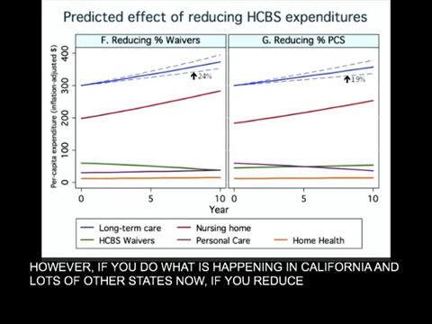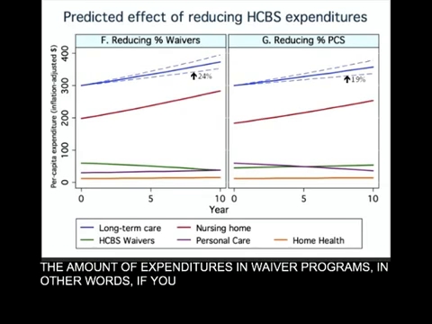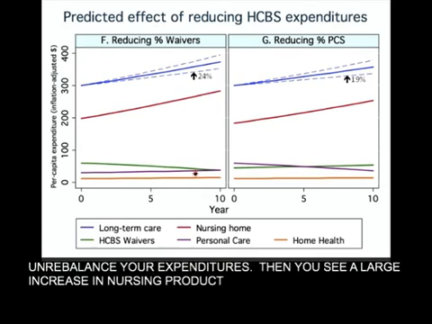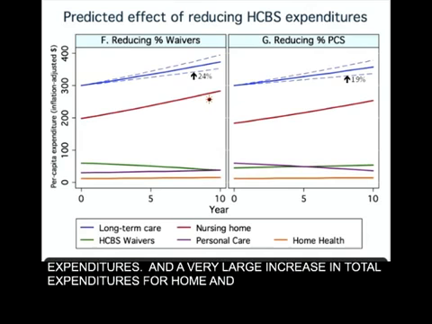However, if you do what is happening in California and in lots of other states now, if you reduce the amount of spending in waiver programs, in other words, if you unrebalance your expenditures, then you see a large increase in nursing home expenditures according to the model, and a very large increase in total expenditures for home and community-based services.